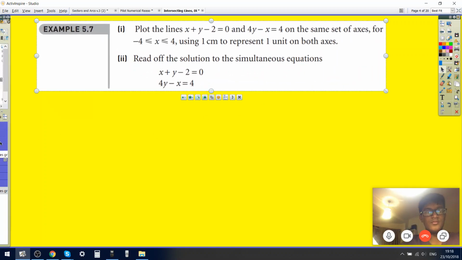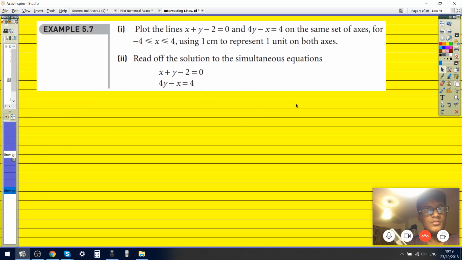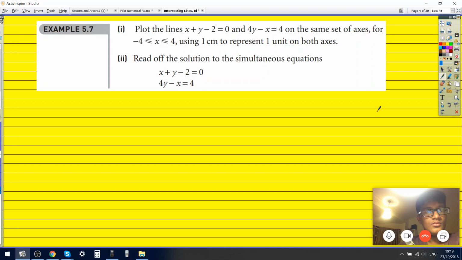Okay. So this one, they want you to just plot the two. So how would you do this one?